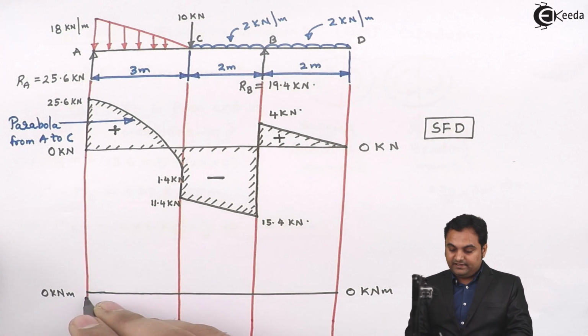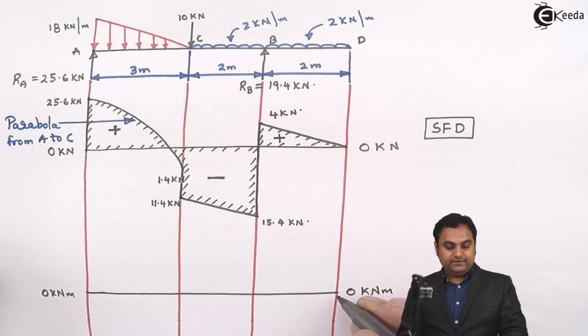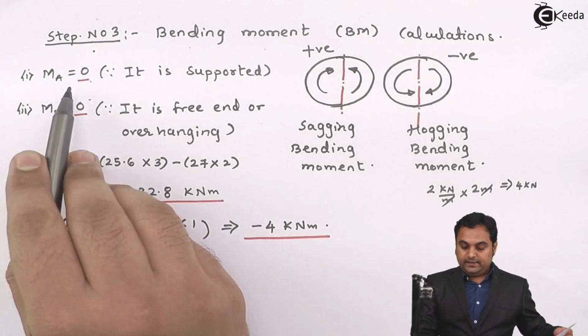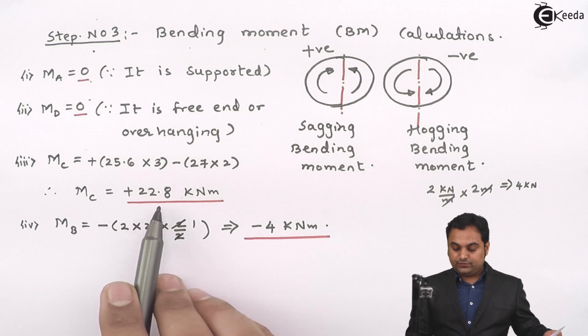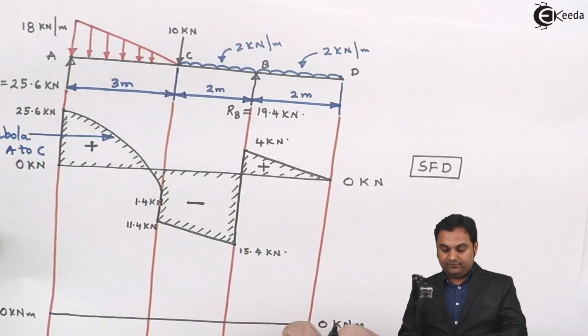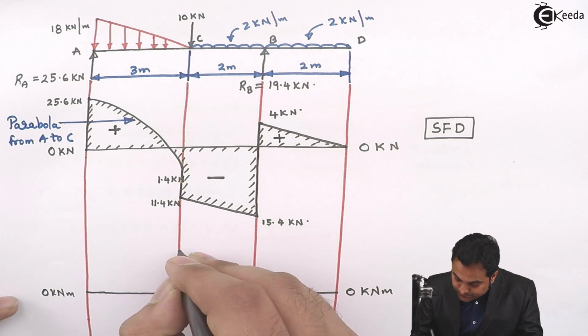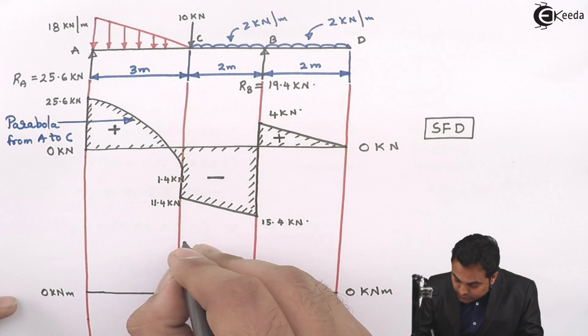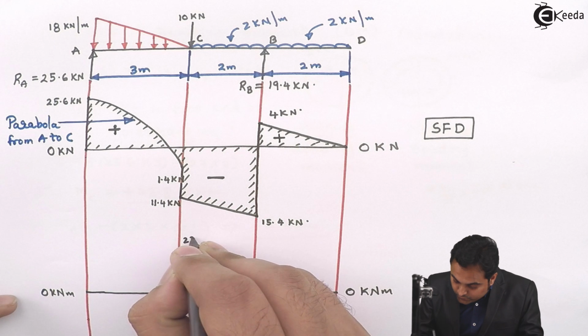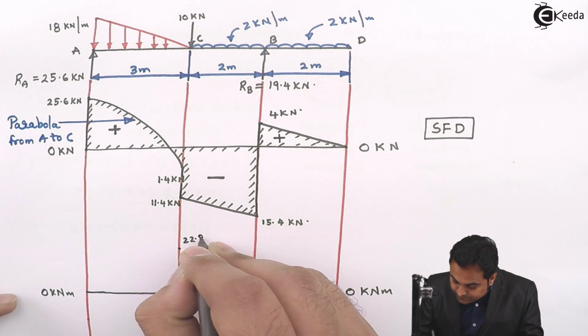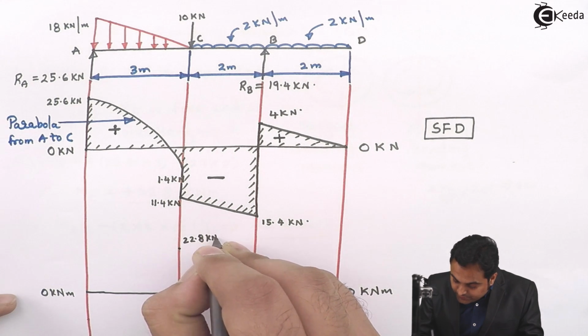Now bending moment at A is 0, at D it is 0, A and D. Next at C it is 22.8, which is a positive value, so at C it is 22.8 kilonewton meter.